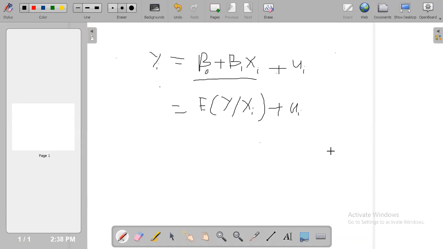So if I want to get this ui, the disturbance term, I have to bring this thing on the other side.